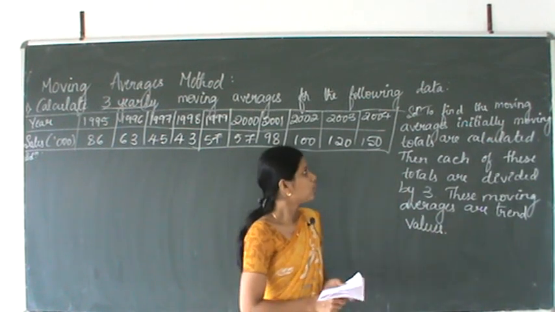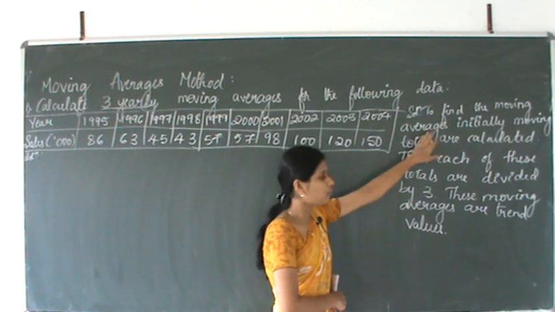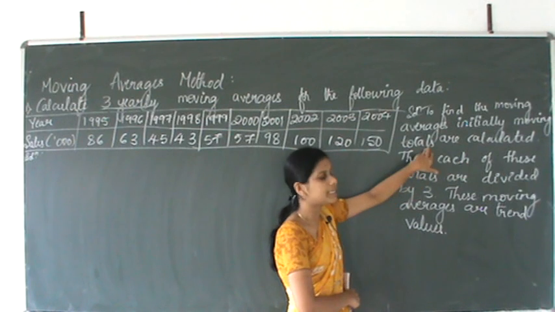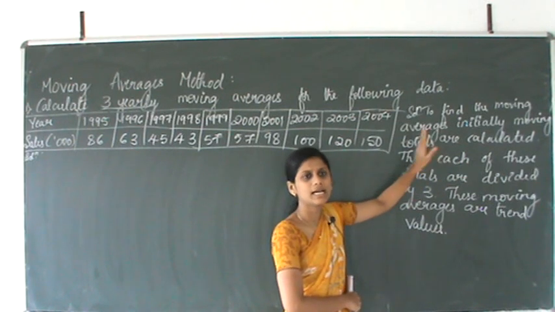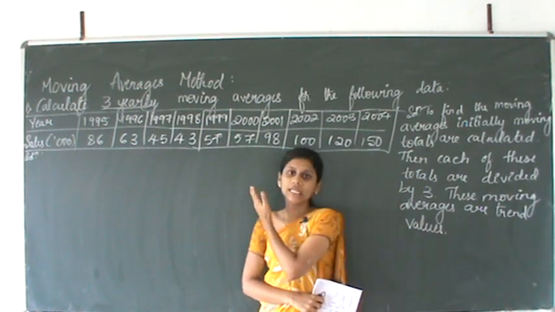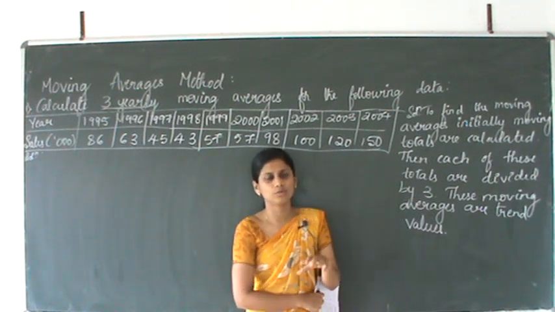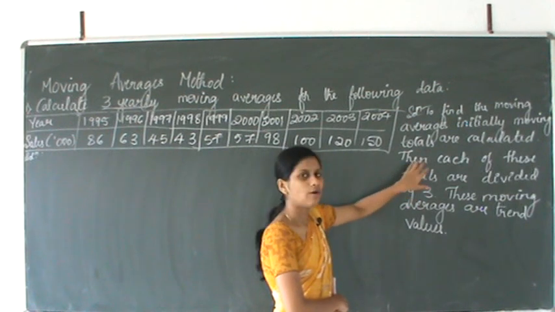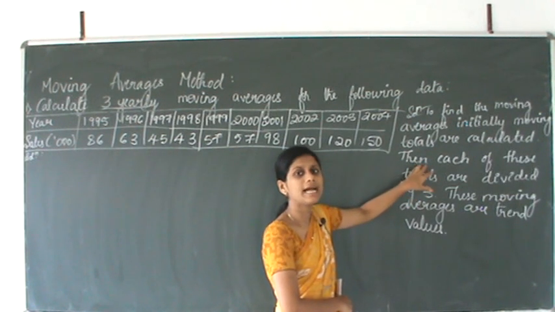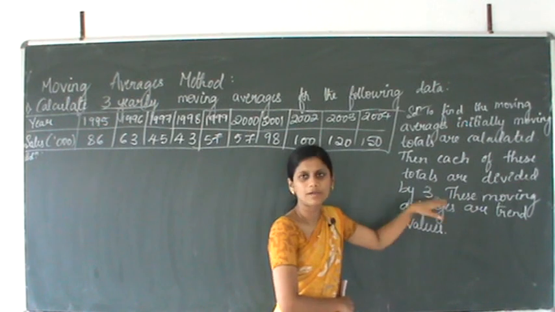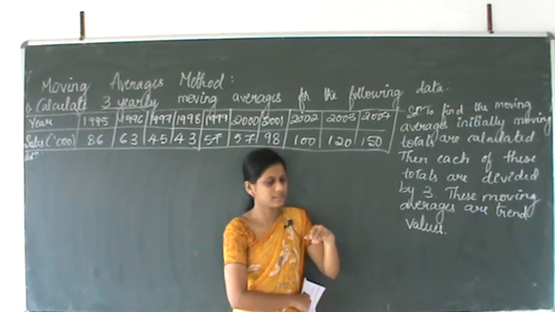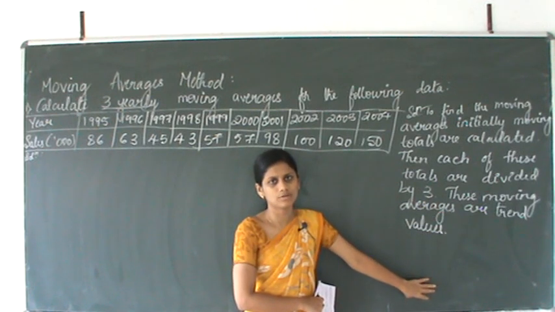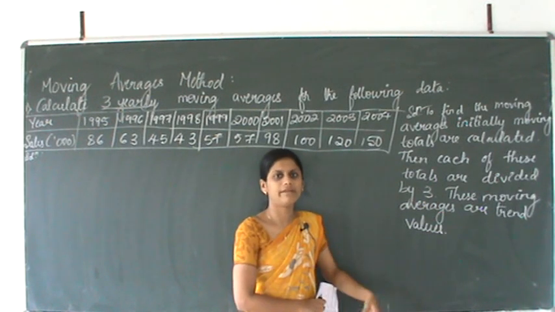What we are going to do is find the moving averages. First of all, you calculate the moving totals. Here it is specified 3 yearly, so we first calculate 3-year totals. Later, whatever totals we have obtained will be divided by 3 because it is 3 yearly moving averages. Whatever moving averages we get, that itself is a trend value.